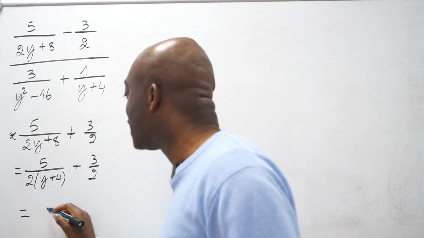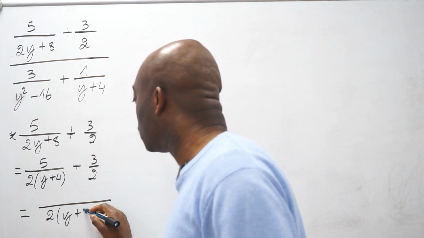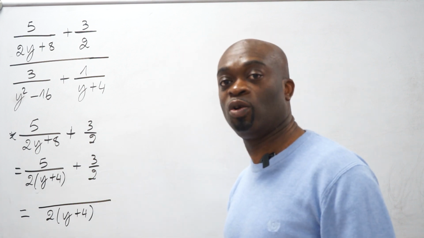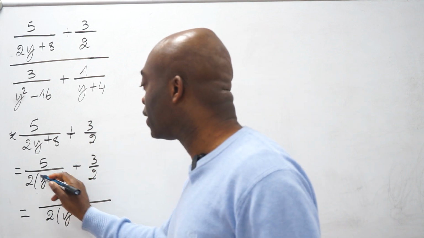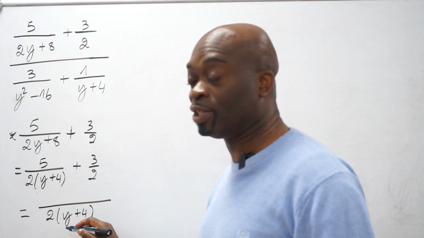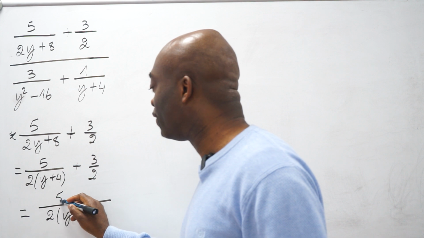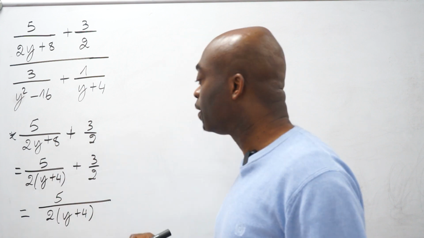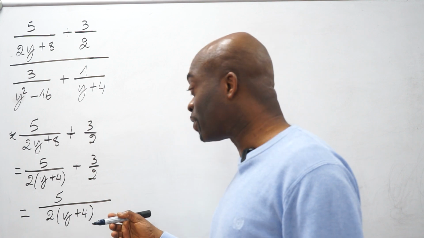So if the LCD is that, you have underneath 2 times y plus 4. That's the lowest common denominator. Because this one does not change, the 5 will stay 5. Now when it comes to this one with the 2, there was a change from the original.